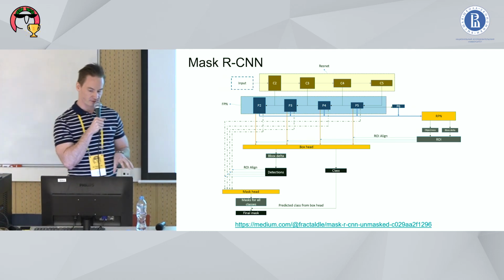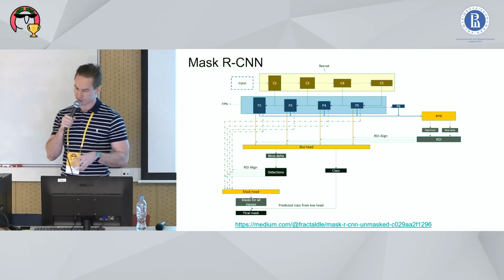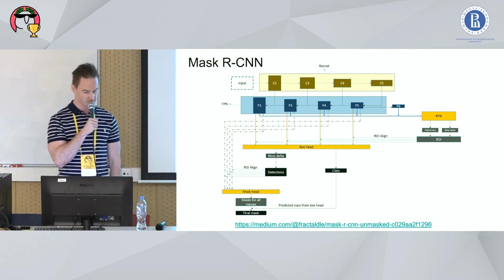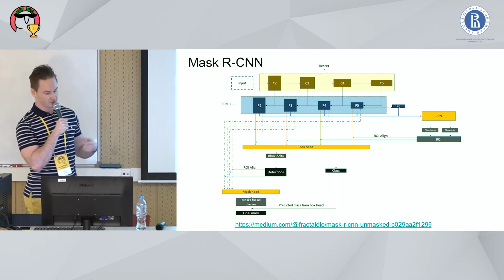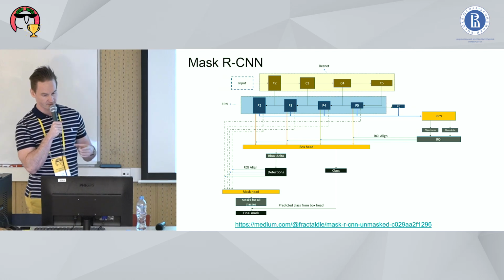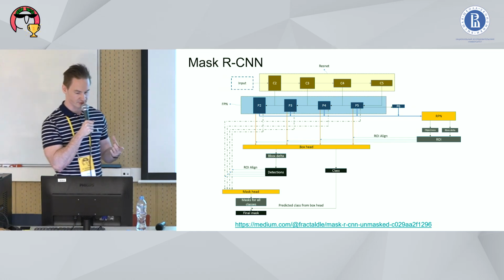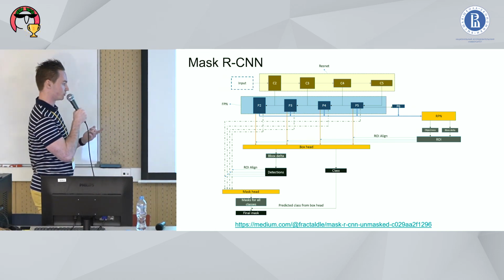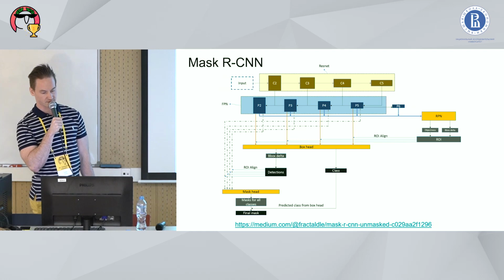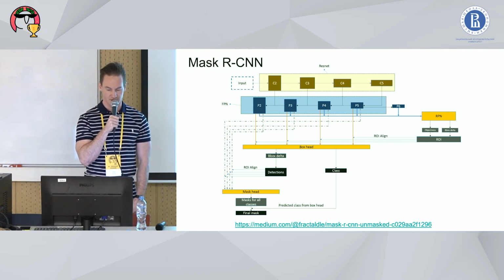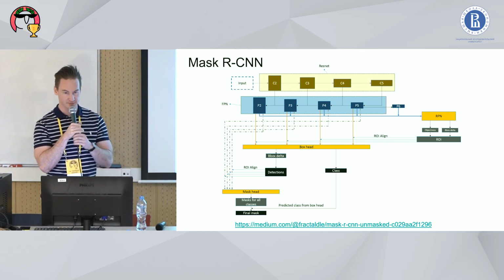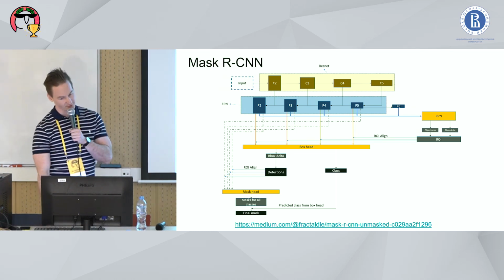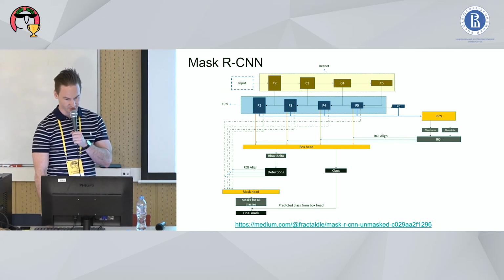And with the bounding box head, based on these proposals, you make the regression for classes and for the bounding box. And then using this prediction and the feature pyramids that are shared between the bounding box head and the regression head, you add a head for the mask. So it's kind of a decoder from UNet that makes the prediction for the mask. So the mask head is shared between all of these classes. For more details, please visit this post on Medium. It has a clearer description of this architecture.